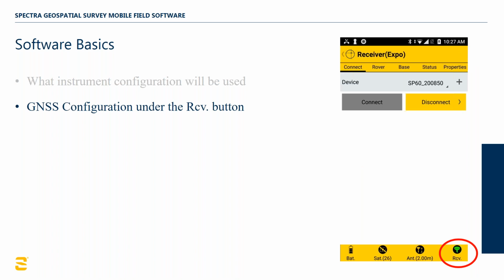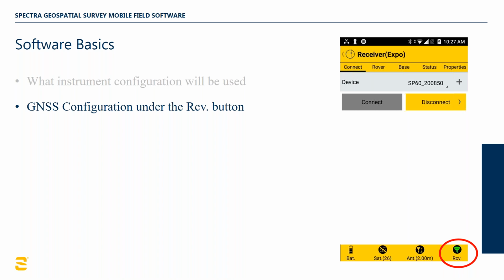If we're connected to a GNSS receiver, that icon in the lower right-hand corner will be green, as you see. So you can see that we are connected to an SP60, and at the top there, connect, rover, base, status, properties. That's really where we configure our receiver and tell it what it's going to do.